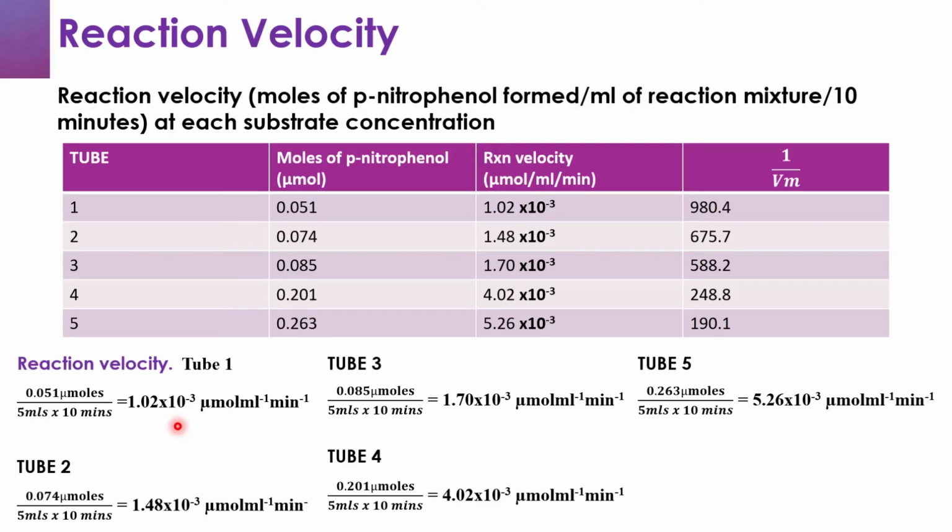For the second test tube, if you put the moles over here into the equation, we will get 1.48 times 10 exponent negative 3 micromole per ml per minute. For the third test tube, if you do the calculation, we will get this value. For the fourth test tube, we will also get this value, and for the fifth test tube, we will also get this value over here.